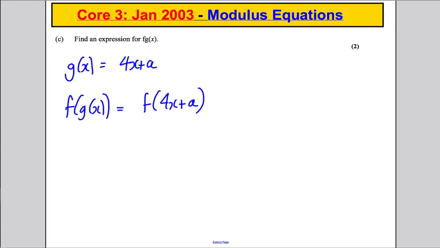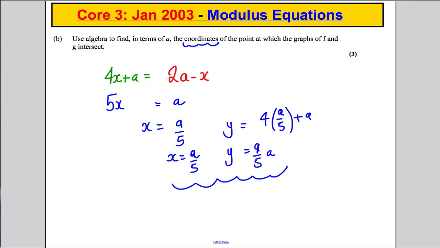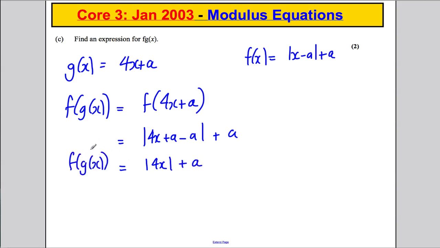We know that f of x is equal to mod x minus a plus a. So f of 4x plus a must be, when I put 4x plus a in there, mod 4x plus a subtract a plus a, which would be the modulus of 4x plus a. And that would be f of g of x.